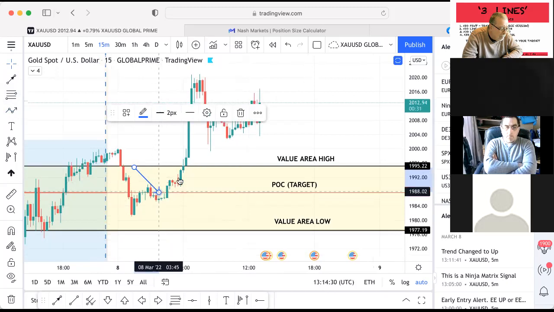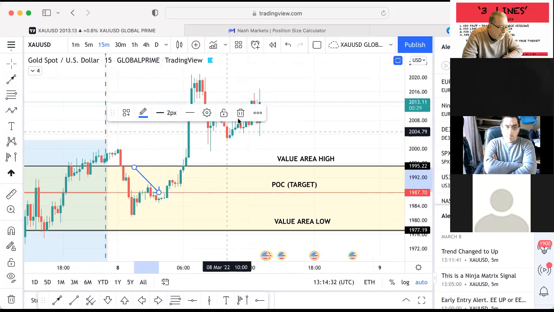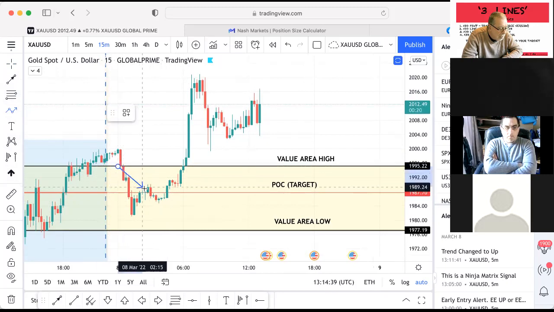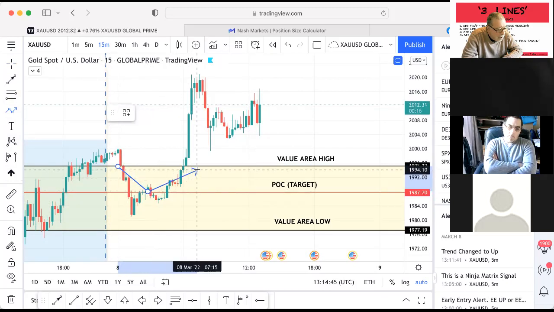I'll try that again. What I've discovered is that I can take a trade down to that POC, but I can also take a trade back up to the edge of the value area high. And I could then take another trade.